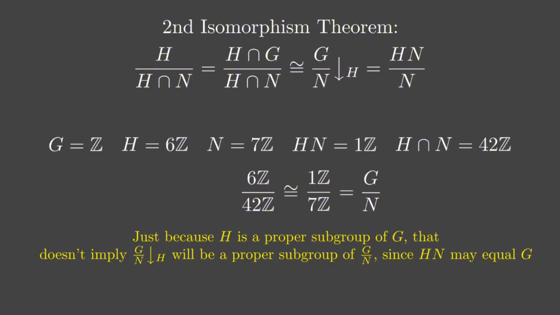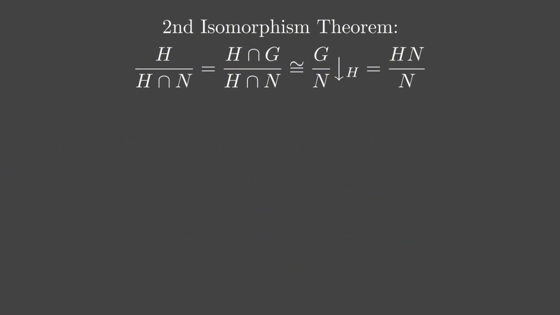Just because we have a proper subgroup H of G doesn't mean that G quotiented by N restricted to H is going to be a proper subgroup of G quotiented by N, because H and N combined together may generate the entirety of G. This may be intuitive here with groups based around arithmetic like the integers, but when deep in abstract algebra, dealing with abstract groups like dihedral groups and alternating groups, it's a good pitfall to remember to avoid. Okay, so we played around with the second isomorphism theorem now, so let's prove it.